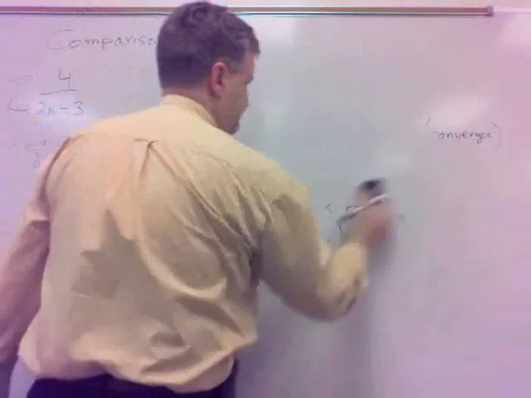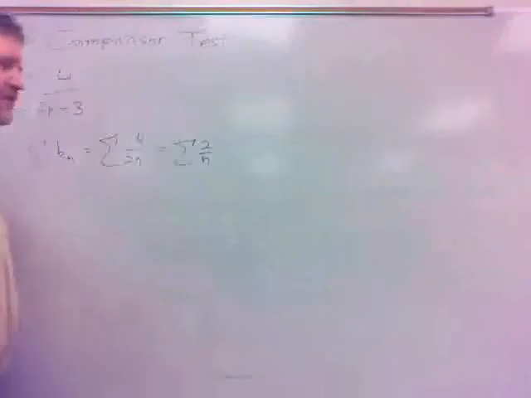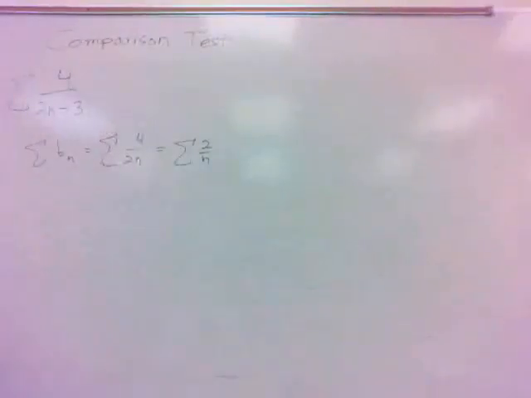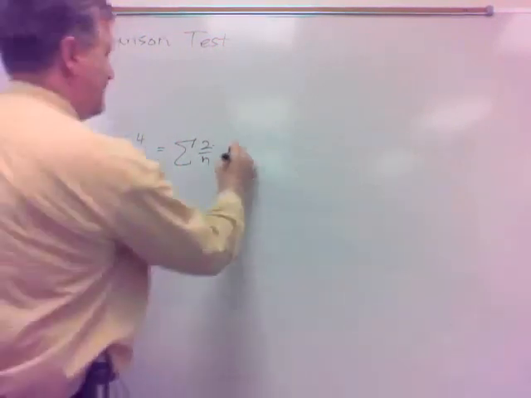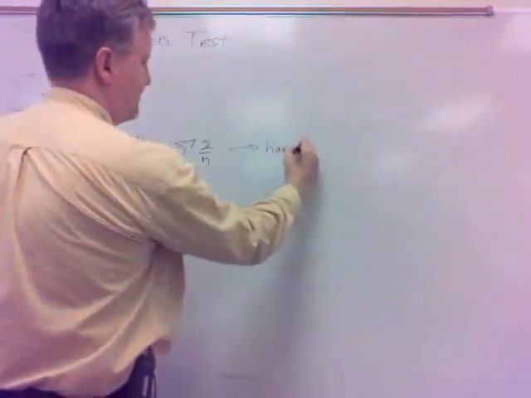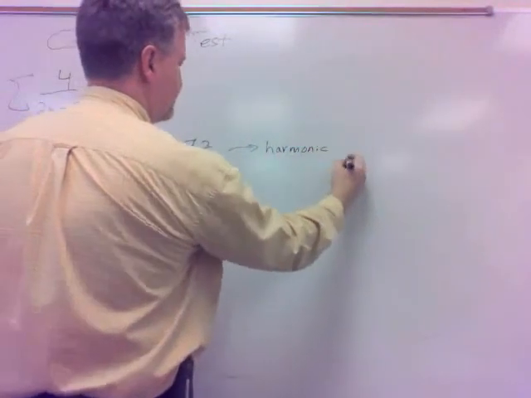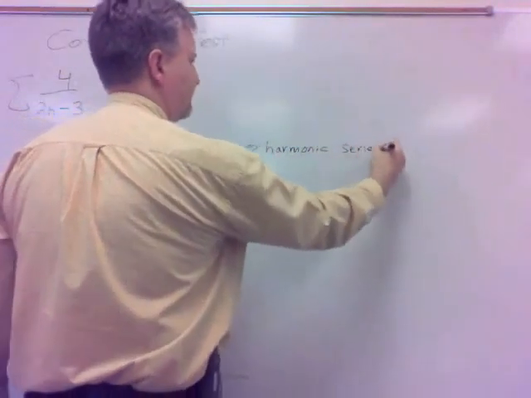What do you know about that series? A couple ways you could look at that series. Number one, it's a p series. P is 1, or call it a harmonic series. Usually if it's a harmonic series, they say it's a harmonic series. So that's divergent.